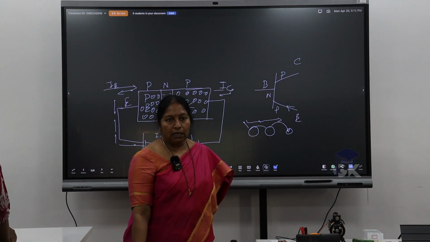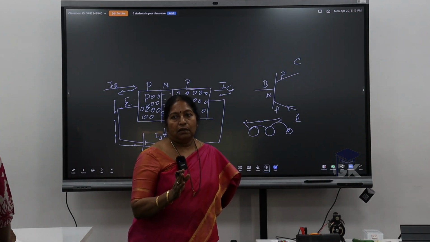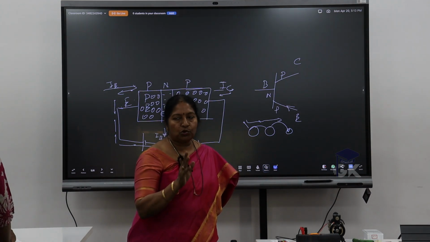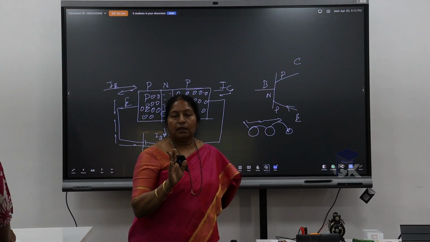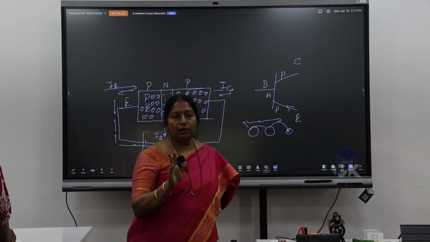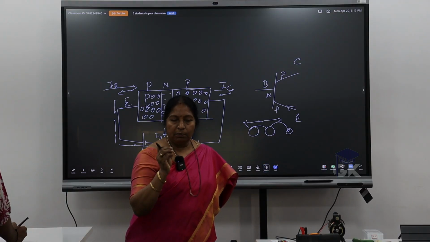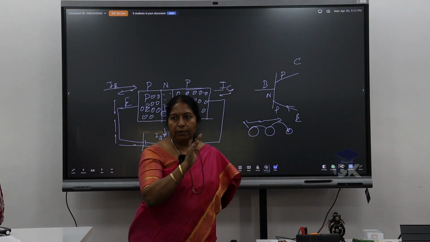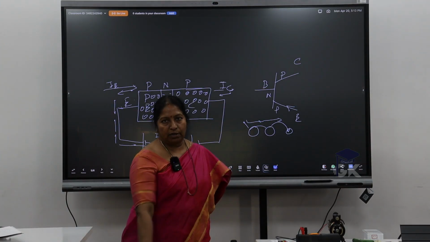You have to remember that in the case of an NPN transistor, emitter current is away. The arrow always shows the direction of current flow into the emitter terminal. In a PNP transistor, emitter current is into the emitter, so we show the direction of current as into the emitter.